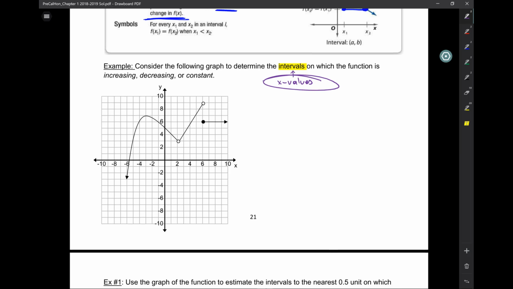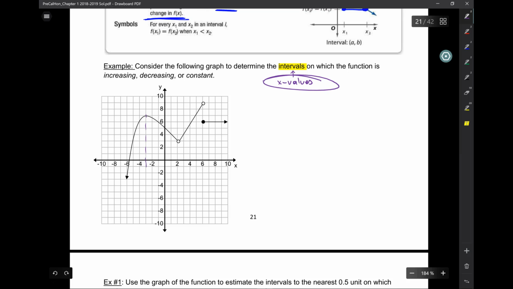So you look at this function, and we have to read it from left to right. If I start on the left, what is this function doing immediately as we start off? It's increasing from left to right, right until here. Not at 7, at -3.